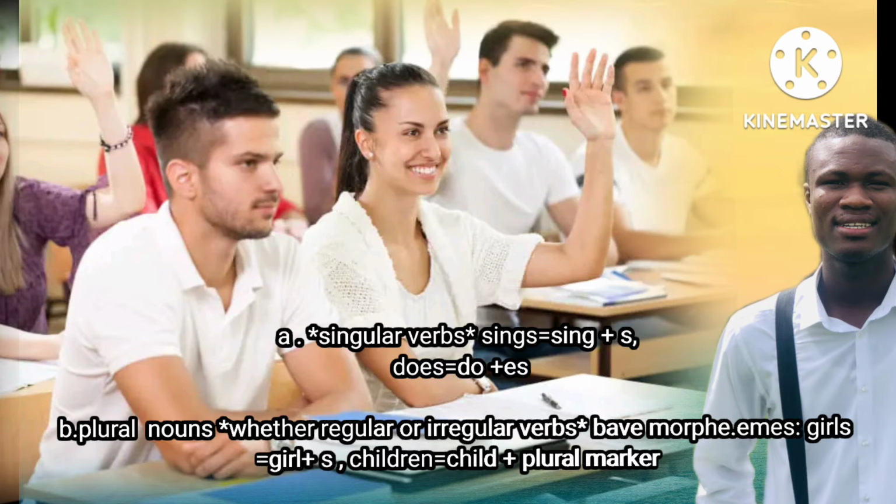For example, sings, which is sing plus the s, does, which is do plus the es. Now we can see that plural nouns, whether regular or irregular, have two morphemes. For example, girls, which is girl plus s, children, which is child plus the plural marker.